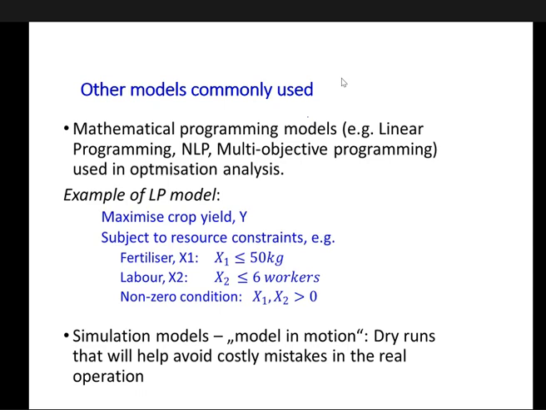So the relationship is no longer linear, it is non-linear. So if that relationship exists, then you won't be correct to use linear programming, but you use non-linear programming.